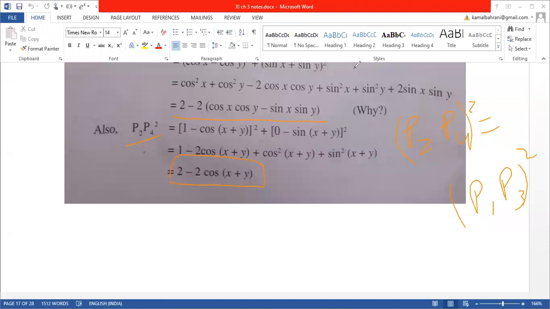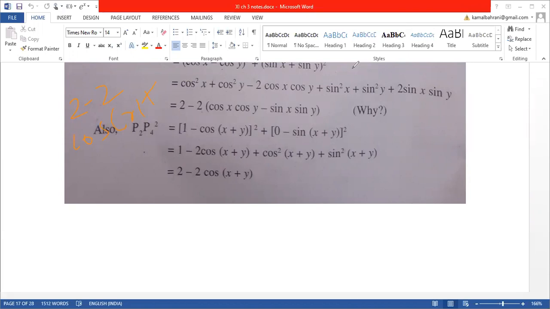This can be equated with this value. So we can write here 2 minus 2 cos of x plus y.